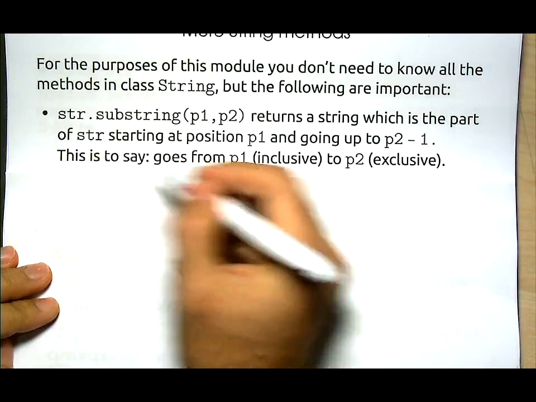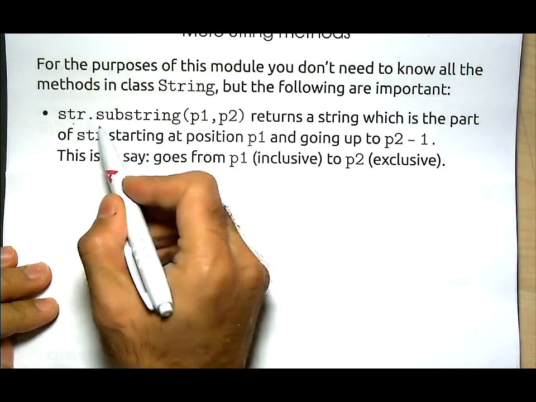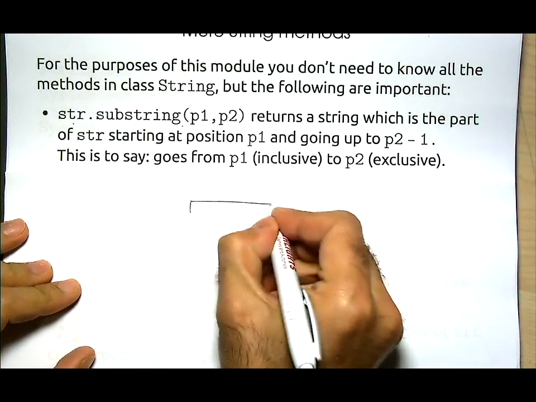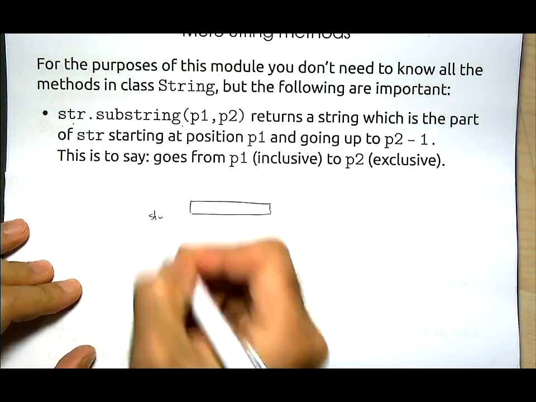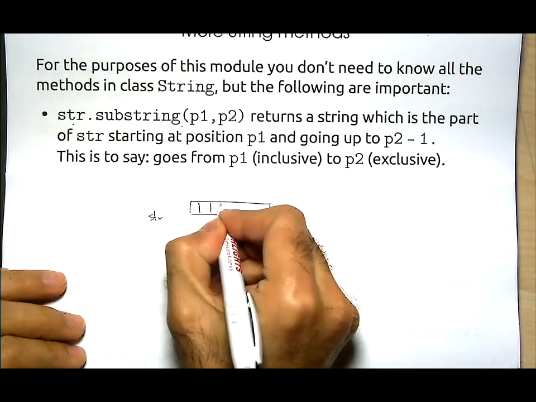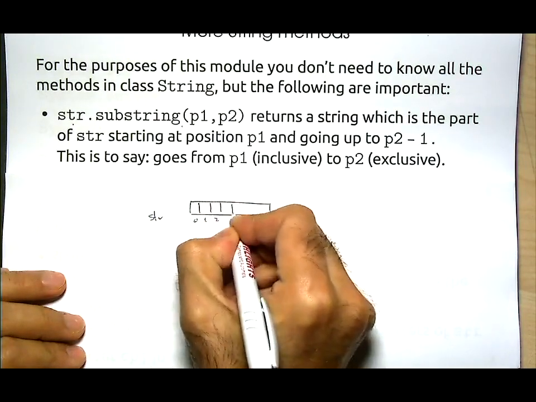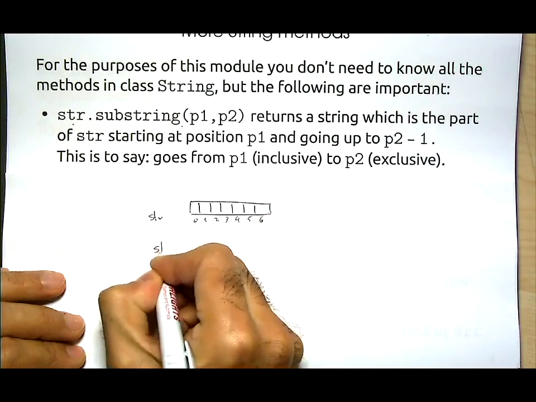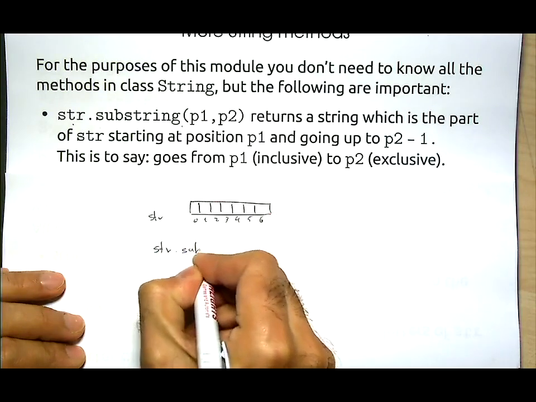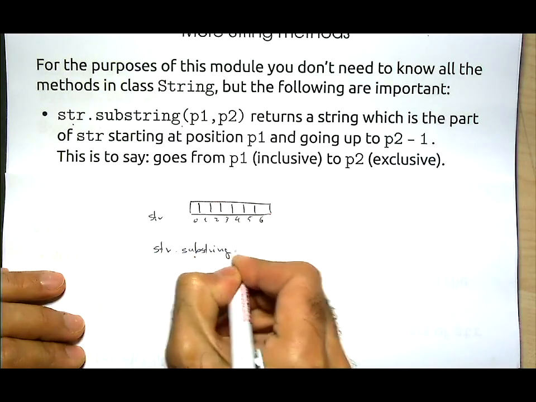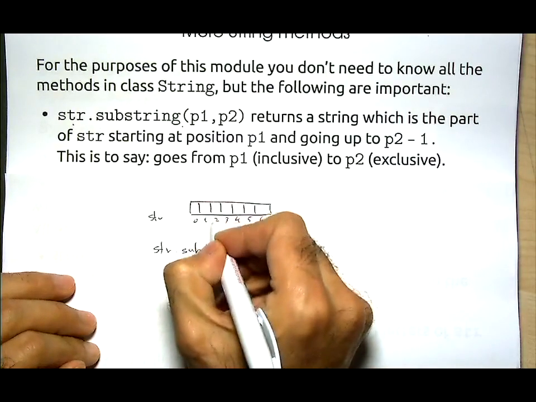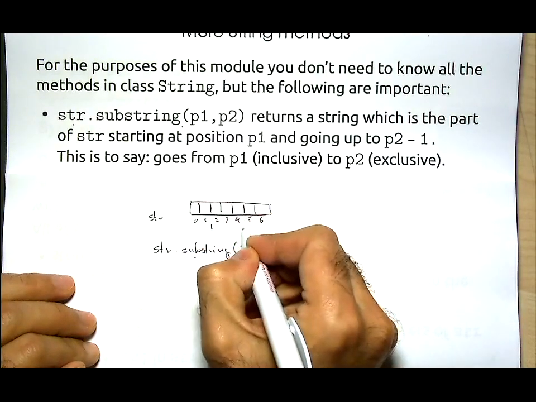For instance, if you have a string str and you call the substring method, suppose I have a string like this with positions 0, 1, 2, 3, 4, 5, 6. I can get a substring, let's say 2, 5, and this will return a substring that starts from position 2 and finishes just before 5.